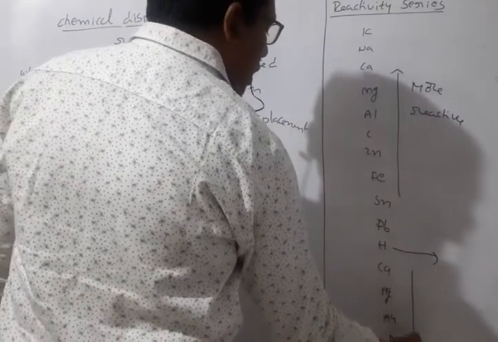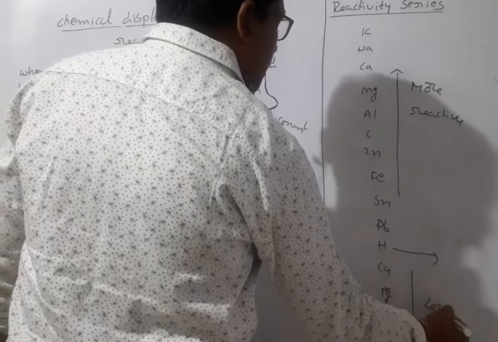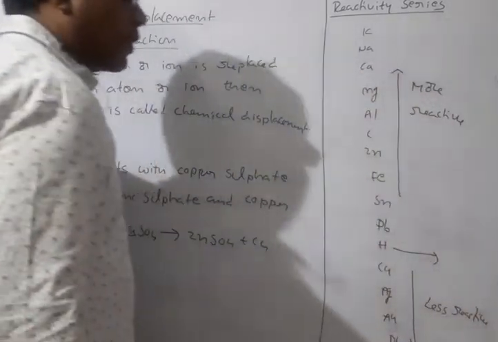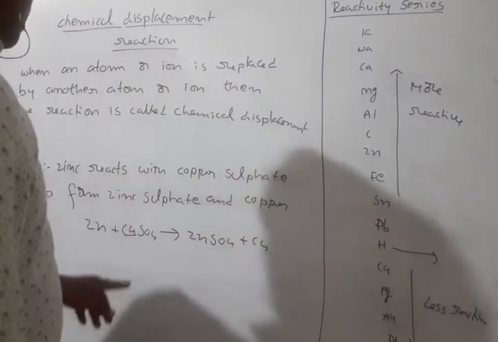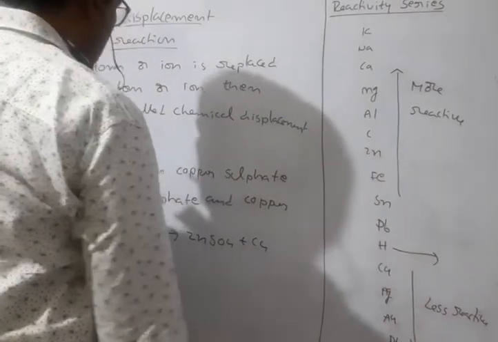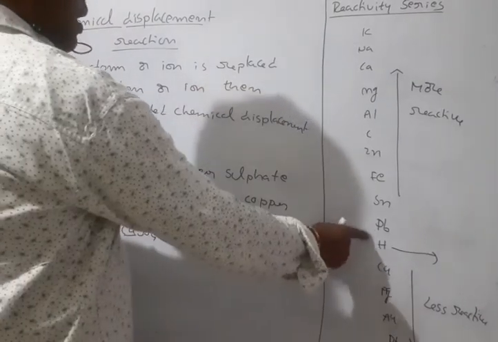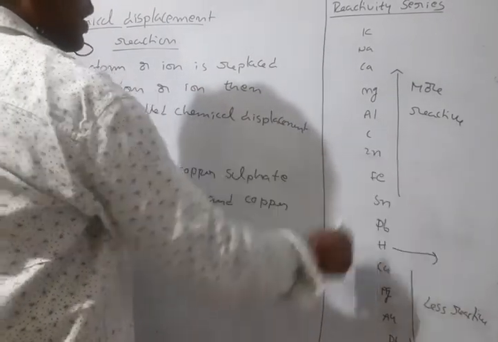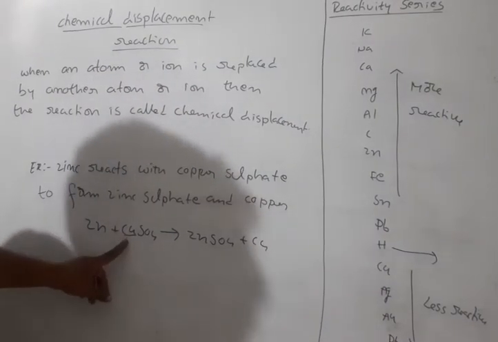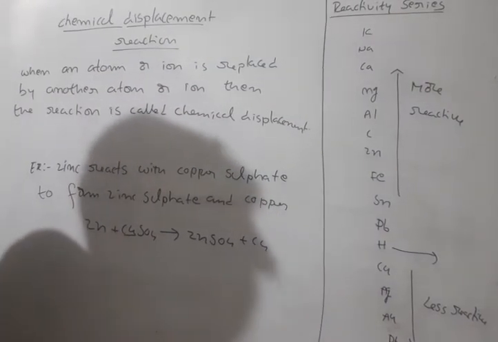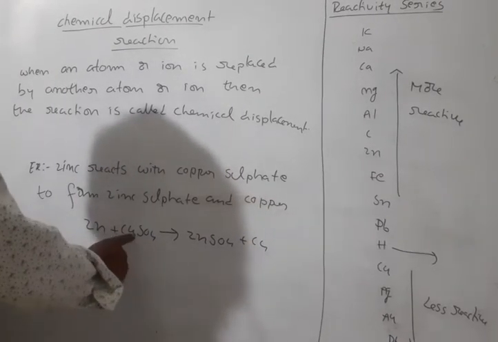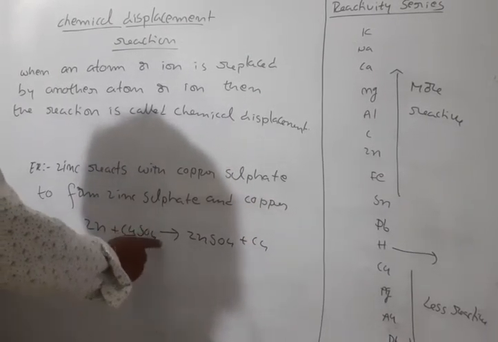Below the hydrogen are less reactive elements. So here copper is below the hydrogen, it is less reactive, and zinc is above the hydrogen, that means it is more reactive. So here more reactive element displaces less reactive elements from its compound. But the less reactive element cannot displace more reactive element from its compound.